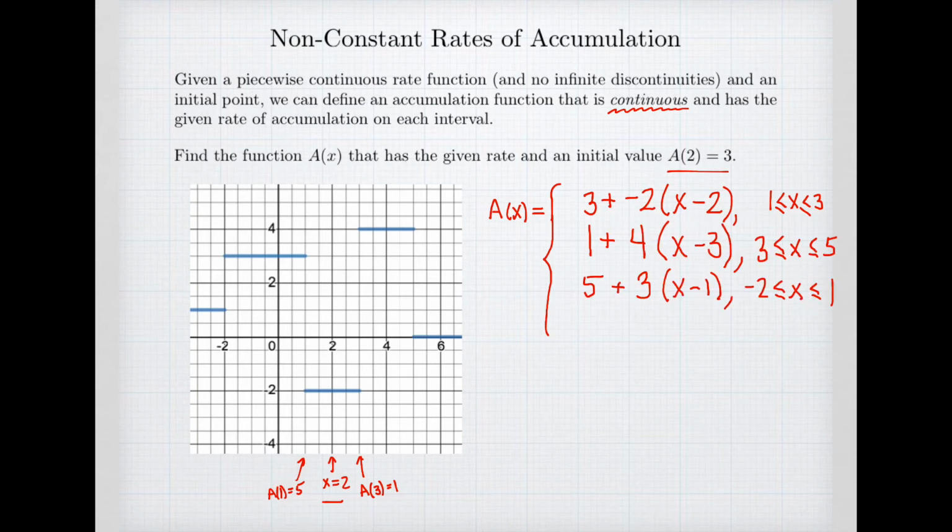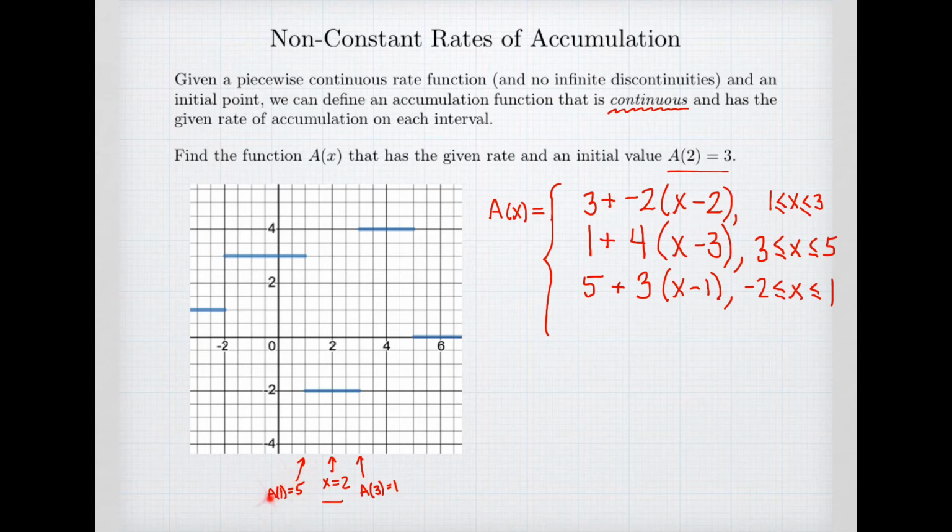So I've used point-slope formula. For this point, I know that b is 1. That's my starting y value. So I have my starting value. My slope on the interval is 4 times how far x is from 3. So I measure how far x has changed, multiply it by 4, add 1, and I have the value of my function everywhere between 3 and 5.